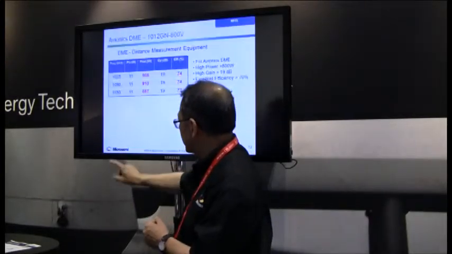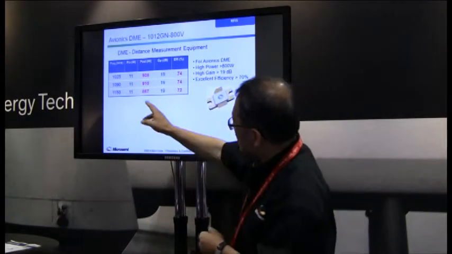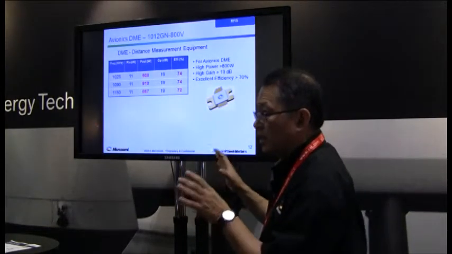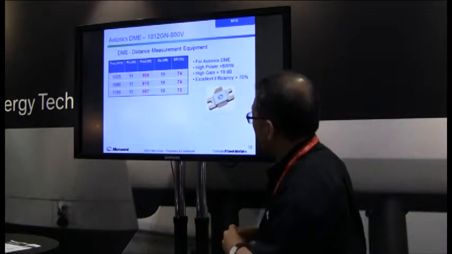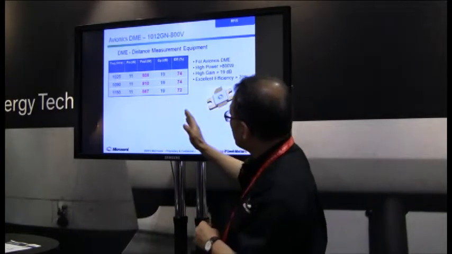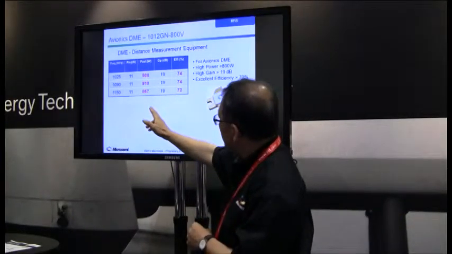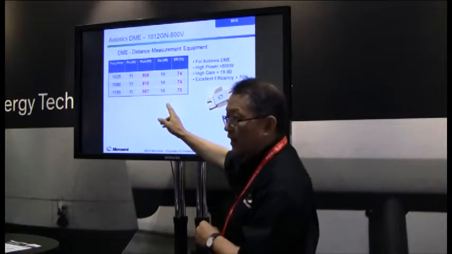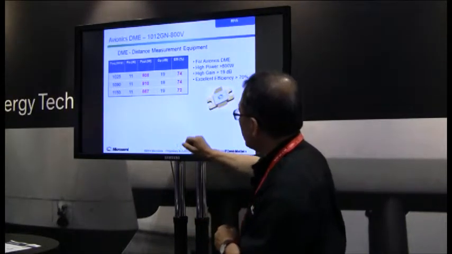We have a product designed for avionics, which covers 1025 to 1150 megahertz for the DME, distance measuring equipment, application for avionics. This single device, in pulse, can operate at peak power over 800 watts. You can see almost close to 1,000 watts with extremely high gain, 19 dB across the band.